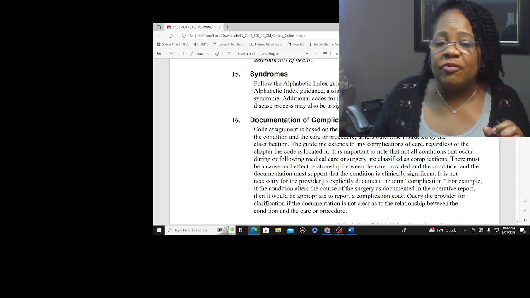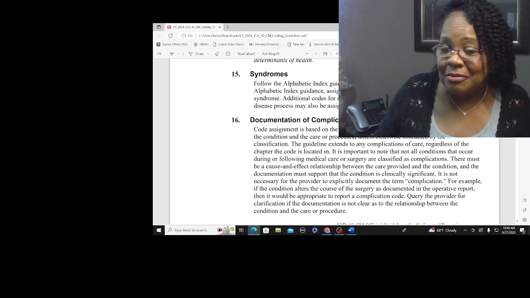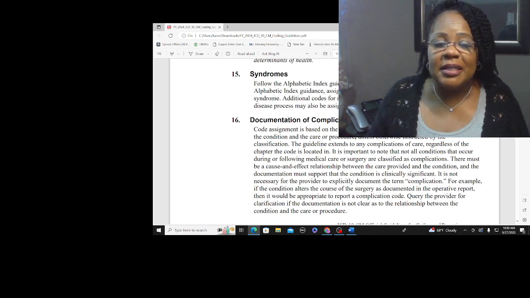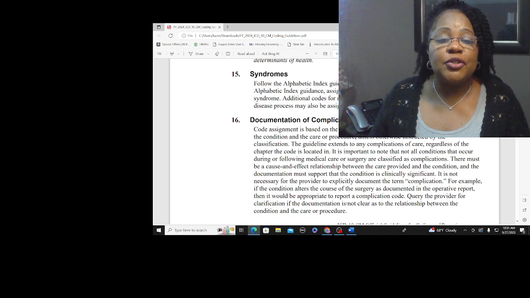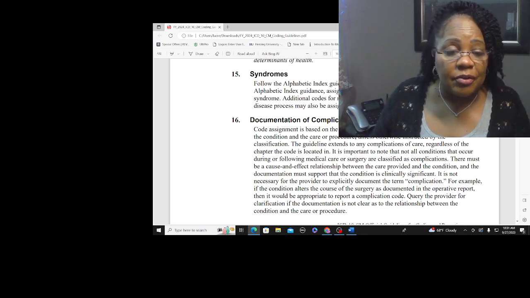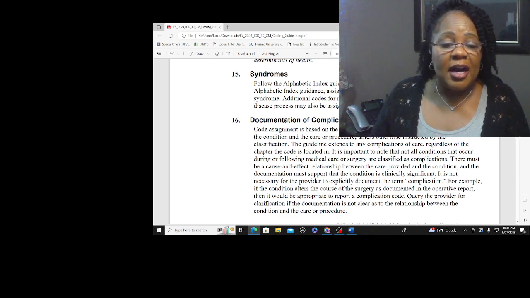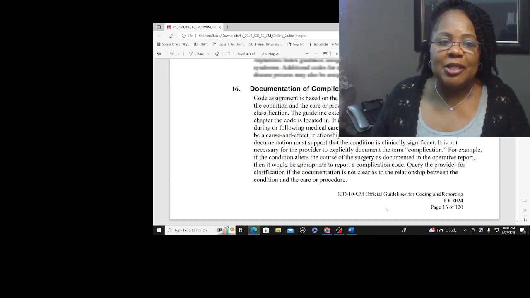It is not necessary for the provider to explicitly document the term complication. For example, if the condition alters the course of the surgery as documented in the op report, then it would be appropriate to report a complication code. Query the provider for clarification if the documentation is not clear as to the relationship between the condition and the care or procedure.